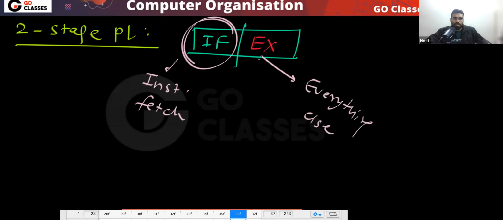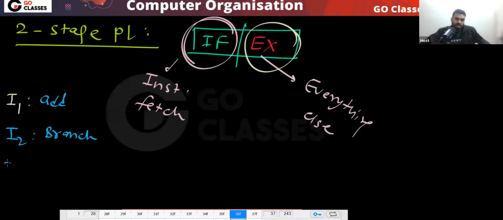So let's assume that you have a two-stage pipeline. Now, in this pipeline, let's assume you have this sequence. I1 is a normal instruction, maybe some addition. I2 is a branch instruction. I3 is another normal instruction, maybe multiplication.